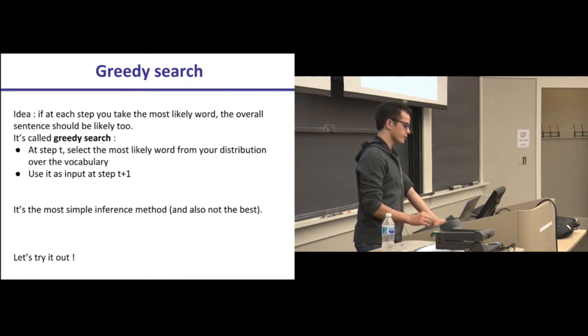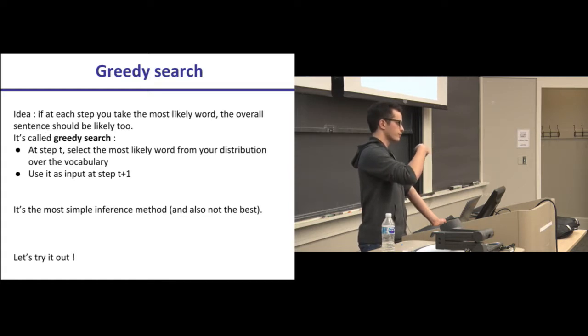So it's called greedy search because the idea behind it is just a greedy algorithm where, at each of your steps, you take the thing that seems the least stupid to do, and you hope that the whole result is not stupid either.